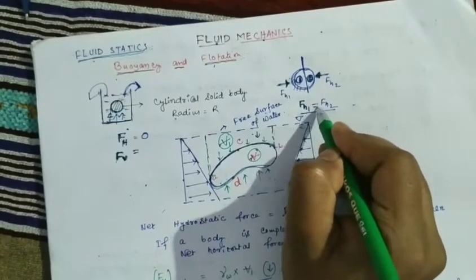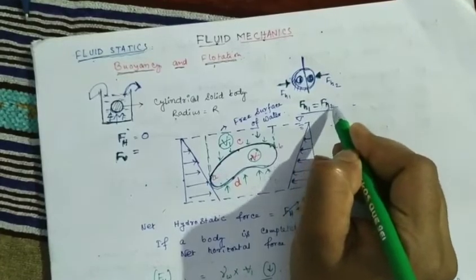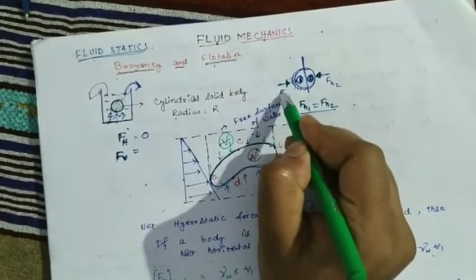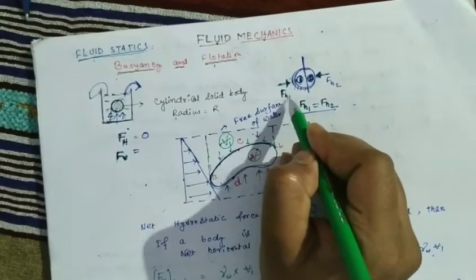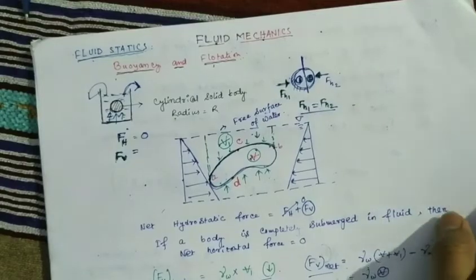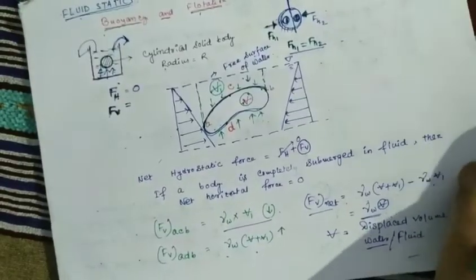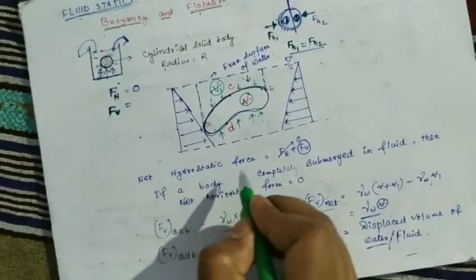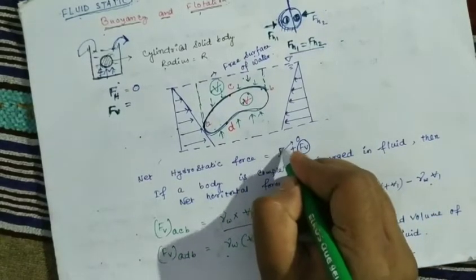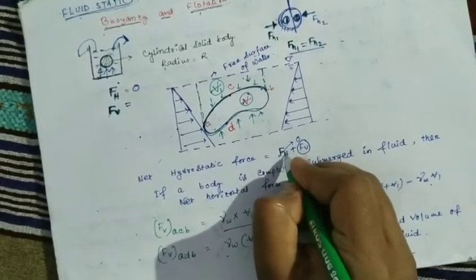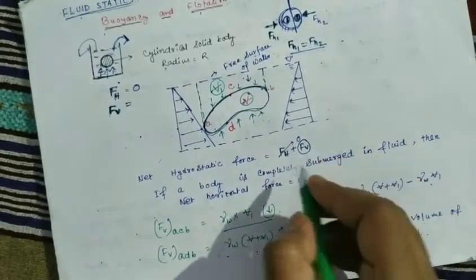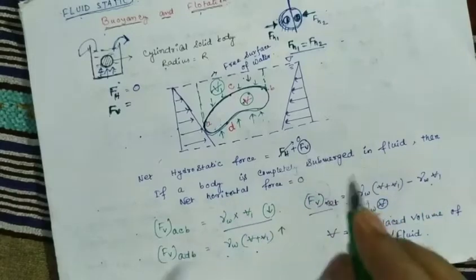Okay, so there is no horizontal hydrostatic force. I am talking about horizontal force. In this way, horizontal hydrostatic force will become zero. So to calculate net hydrostatic force, actually it will be the summation of the hydrostatic force in the horizontal direction and in the vertical direction.